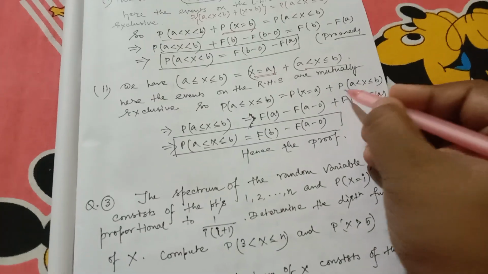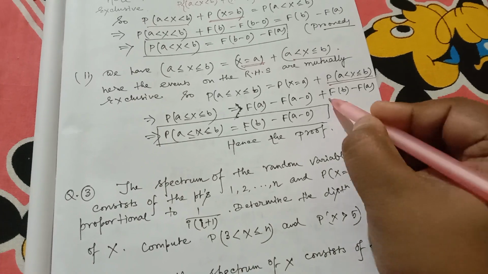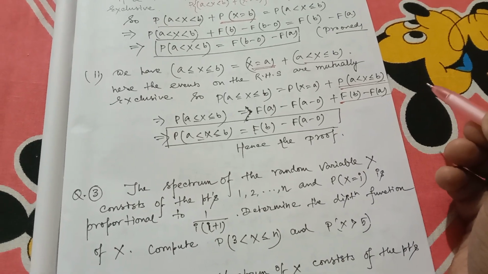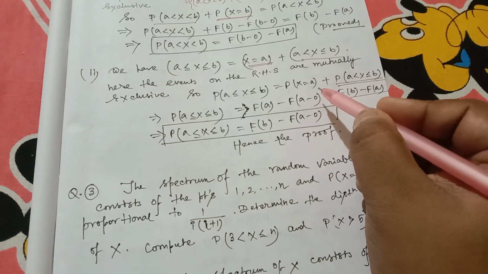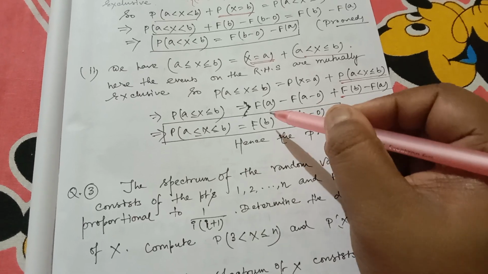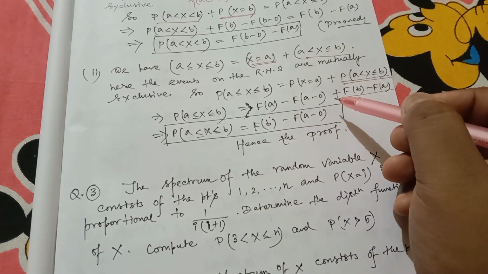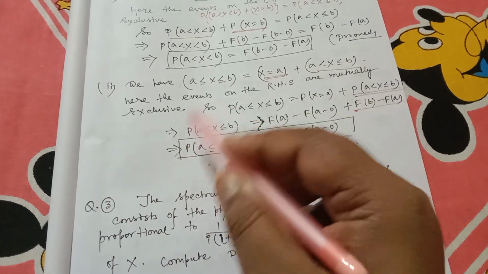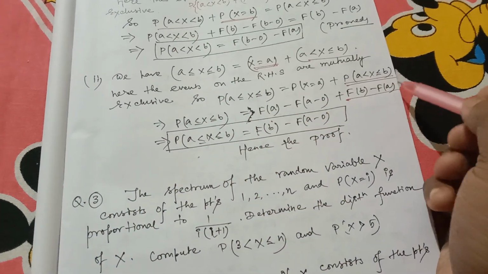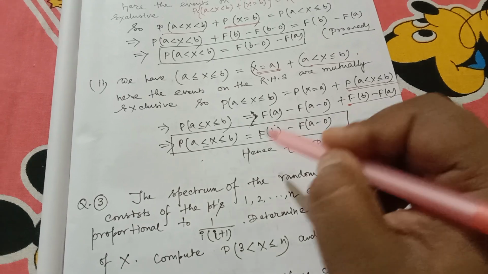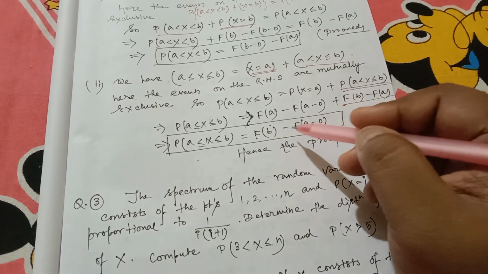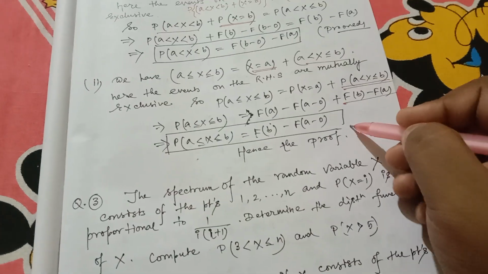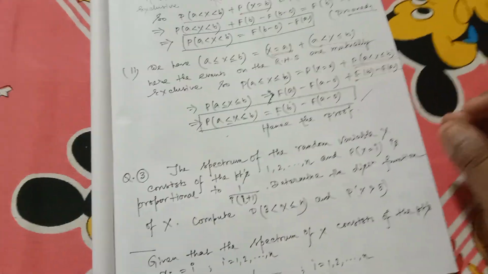Now this part, by the definition of the distribution function, can be written as F(b) - F(a). P(X = a), again using the basic definition, we can write as F(a) - F(a - 0), whereas the left hand side you need not modify. So the ultimate conclusion is that F(a) cancels, and the final result is F(b) - F(a - 0), and this completes the proof of the second portion.